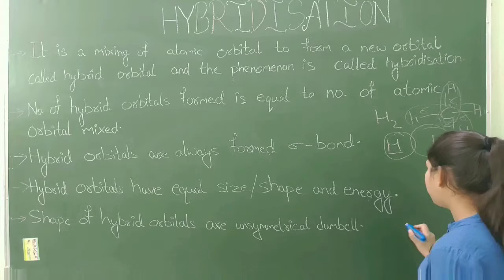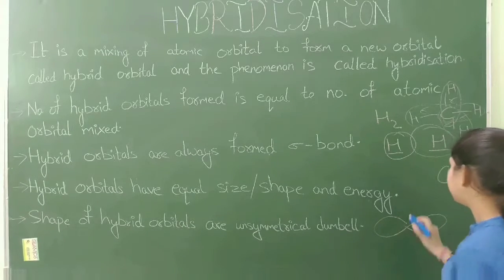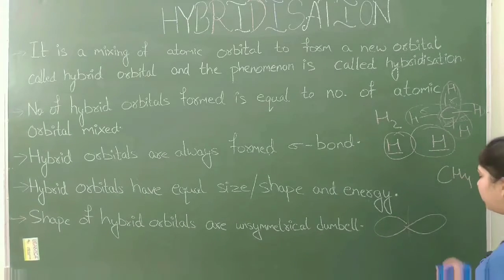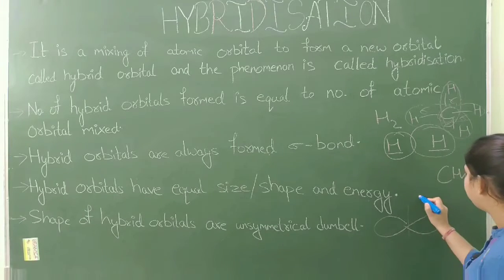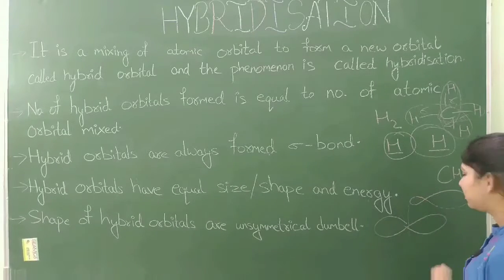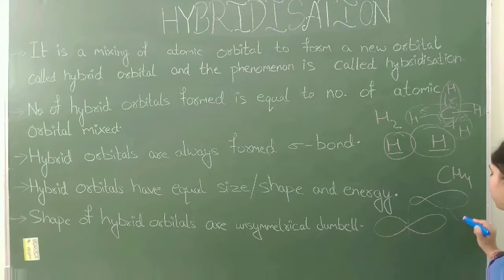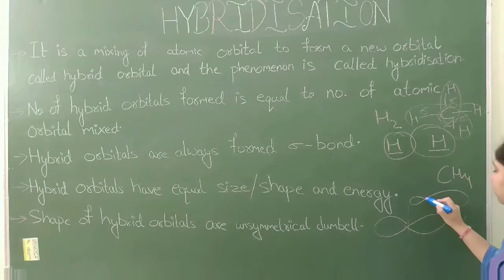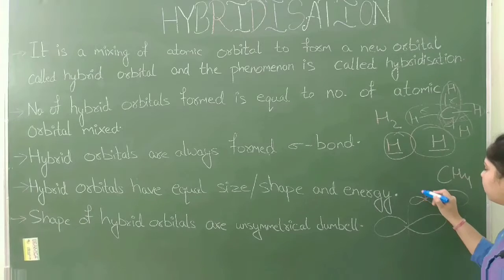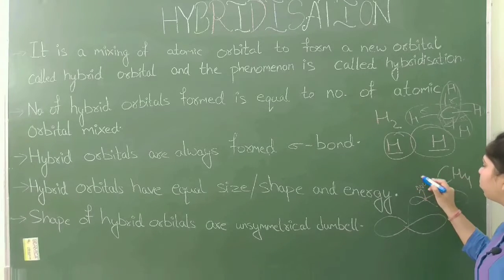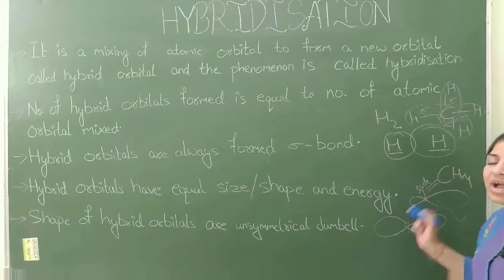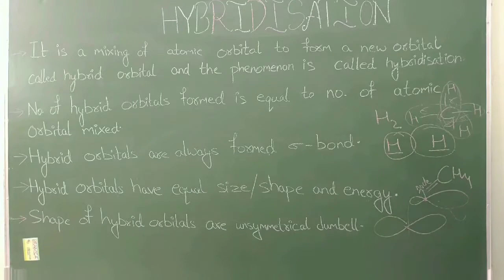As we know, the dumbbell shape is symmetrical, but this is unsymmetrical, and this shape is for the hybrid orbital. This point is known as the node, where the probability of finding an electron is 0. Okay, now you can take a screenshot.